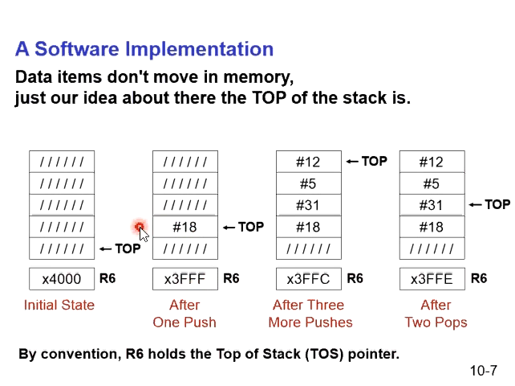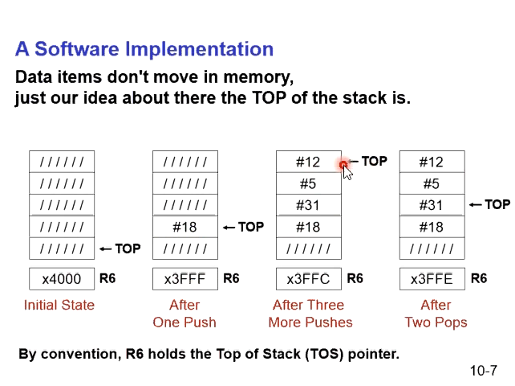And after 3 more pushes, over here now, the first data item becomes the last item. And when you want to get it out, you have to take out all of these items first. And over here now the value tail is on the top of the stack, so it is pointed to by TOS, that means top of stack, like this.